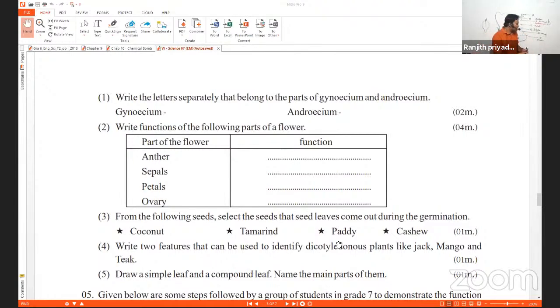First to come out are the two cotyledons, like this. Not leaves, just cotyledons come out. Then only the leaves start to initiate.